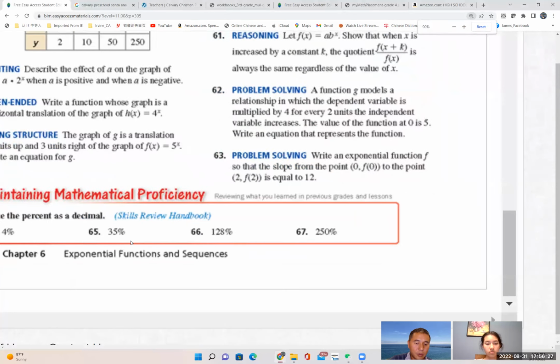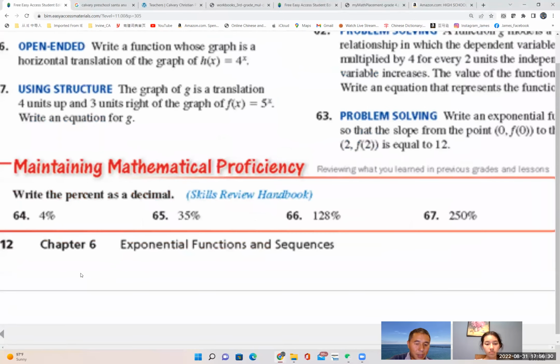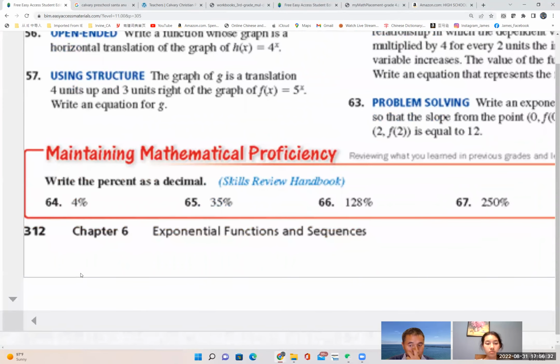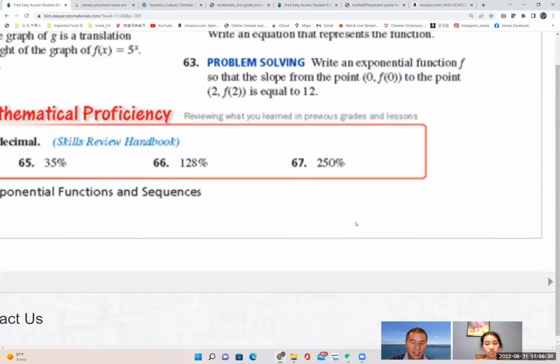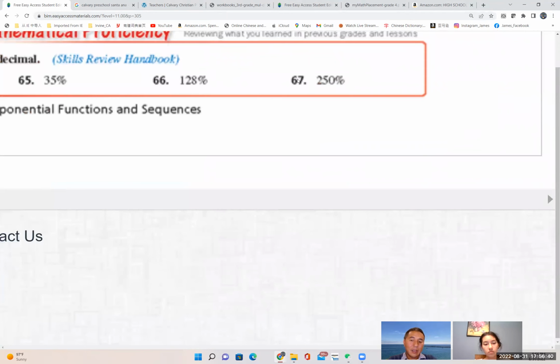Write the percent as a decimal. Suppose it's not so hard. Can you do this? Problem 60. How about 66? Multiple of 6. Okay, good.